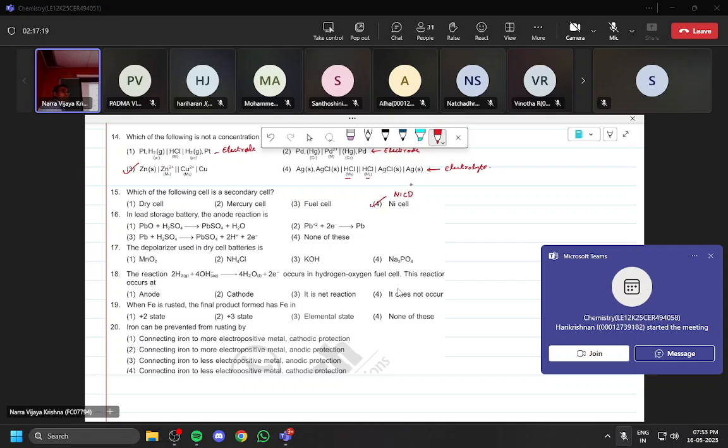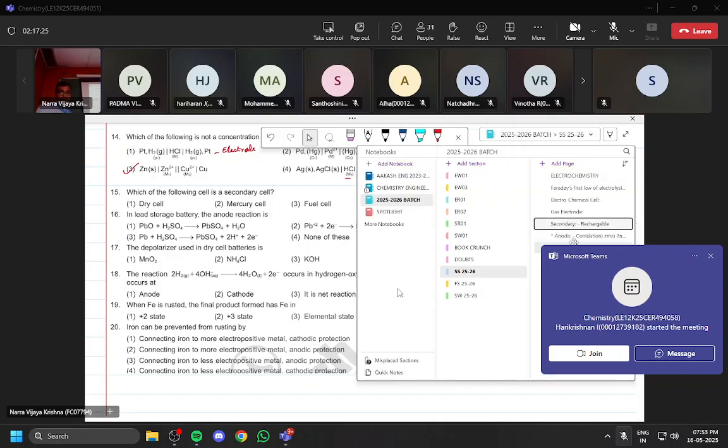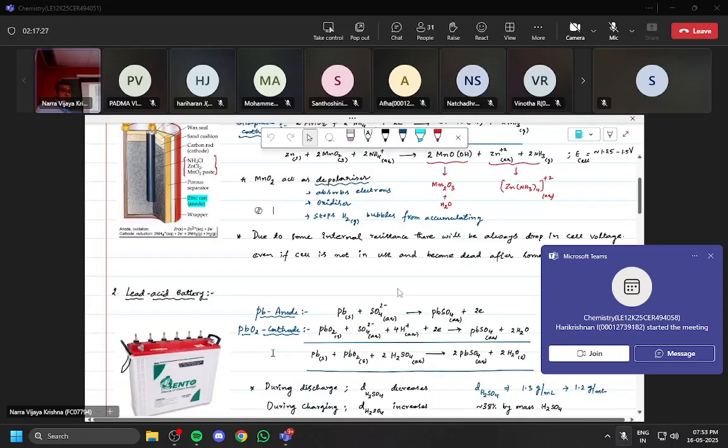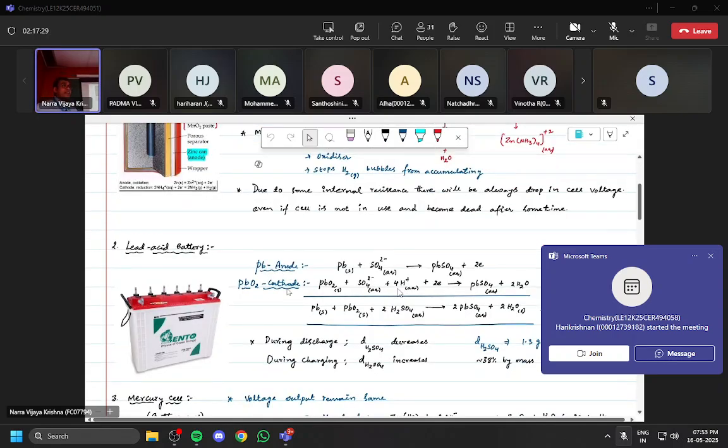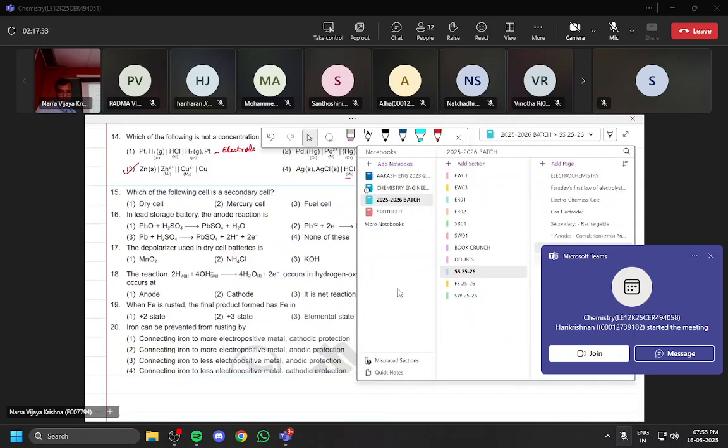In a lead storage battery, the anode is lead; lead acts as anode, lead oxide acts as cathode. Just now we have seen. Which one?